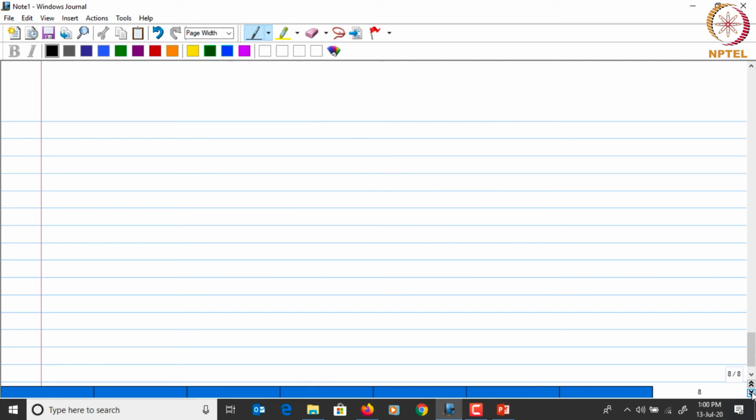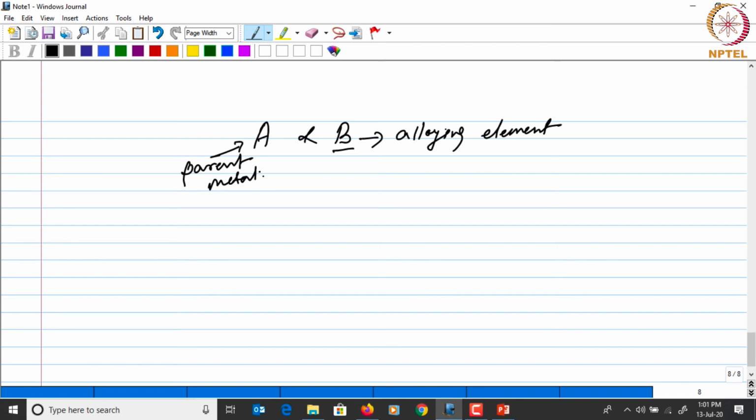So let's say we have a system of A and B, where B is the alloying element and A is the parent metal in which B is added. And let us consider a spherical shape. So particles of B are added into A, okay?